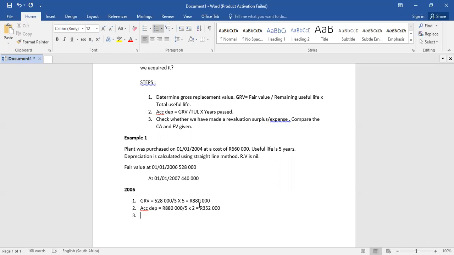132,000. Izithole kanjani? 660,000 divided by 5. Yes, our depreciation is 132,000 per year. So imalini-ke i-accumulated depreciation?